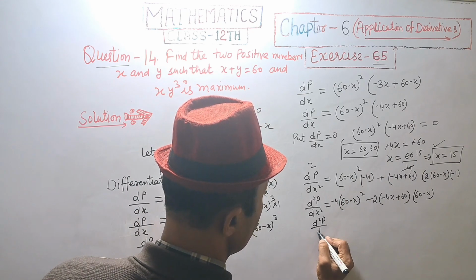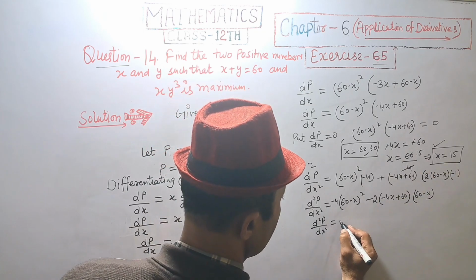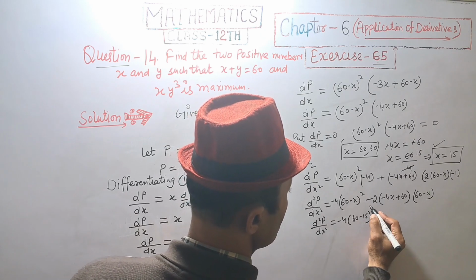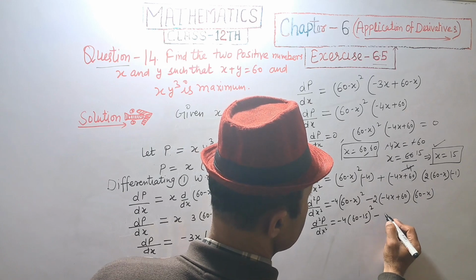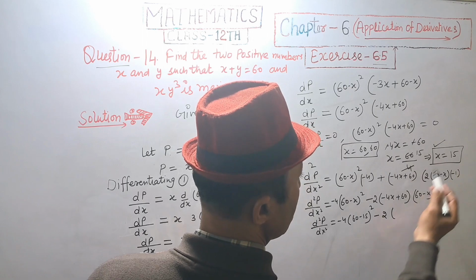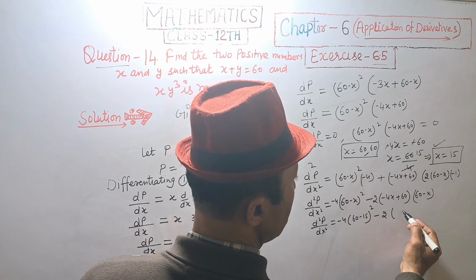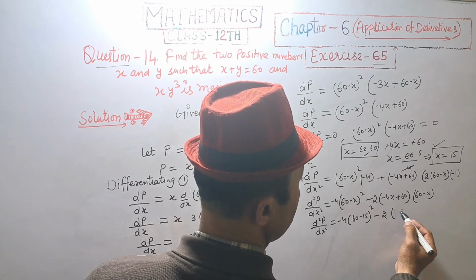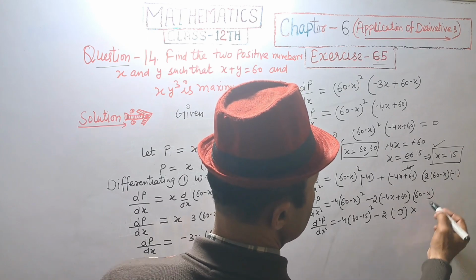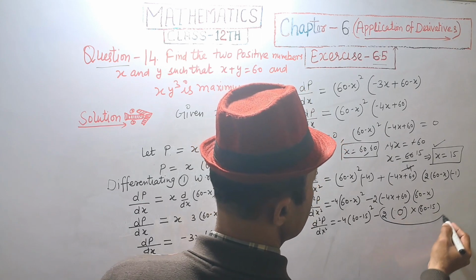d square P upon dx square at x equal to 15, we get minus 4 into (60 minus 15) raised to power 2, and minus 4 times 15 is minus 60, plus 60 that will be 0, and this multiplied by 0 into (60 minus 15) will be 0.